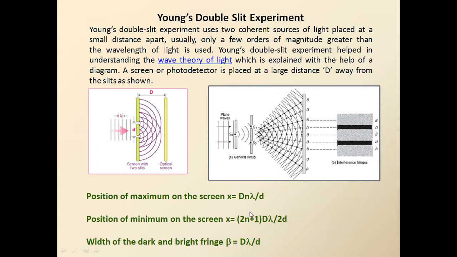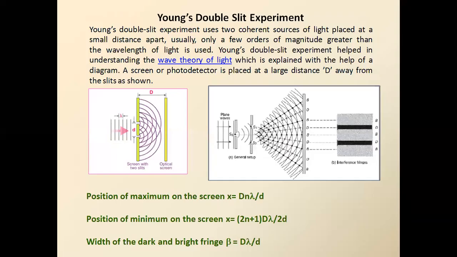Here also n is the order number. Small d is the distance between the two slits, and capital D is the distance of the slits to the screen. And here we get the fringe width, the same for the dark and bright fringes, that is capital D lambda by small d.